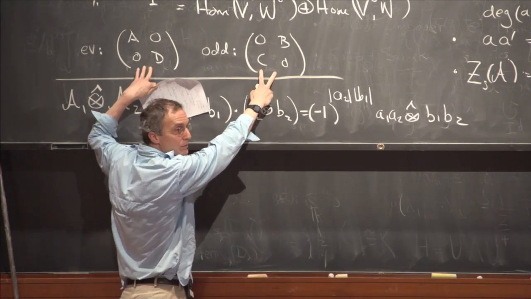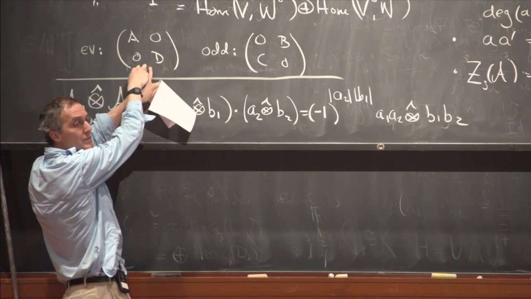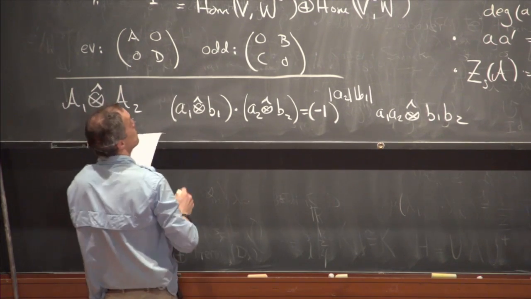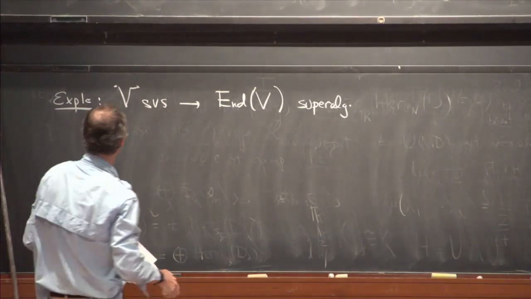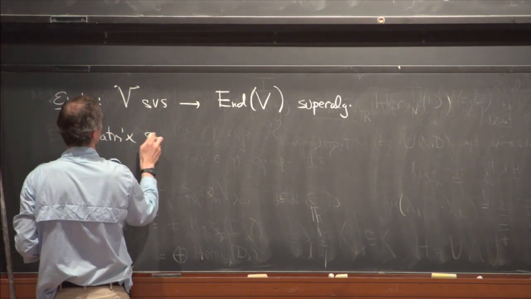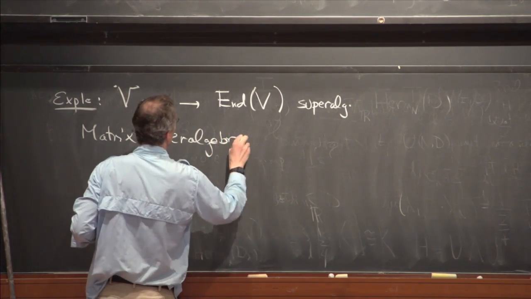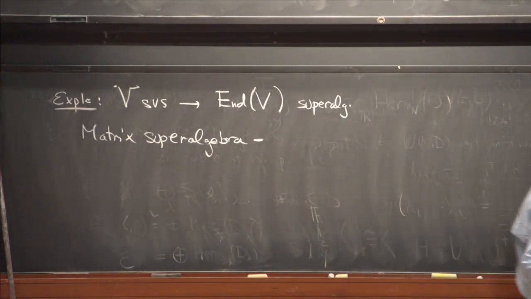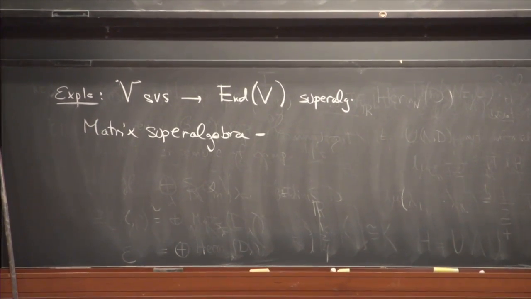And the product of odd with odd is block diagonal, so it's even. And that's all you need to check. Now, this is called a matrix superalgebra. And the important point is that not all superalgebras are matrix superalgebras.